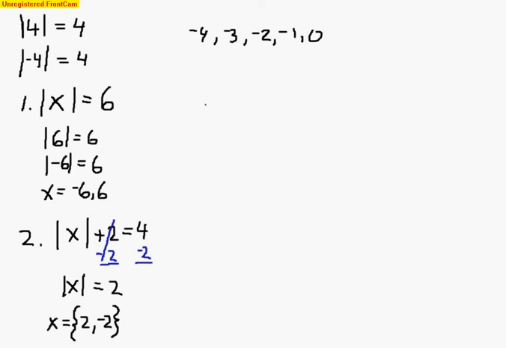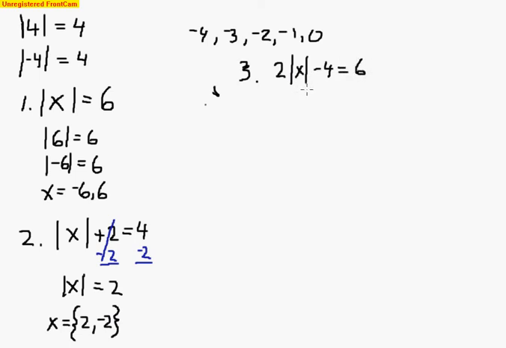Well, we can try another type. Let's move on to number 3. And let's try this time putting a number in front of the absolute value. So let's try 2 times the absolute value of x minus 4 this time, equals 6.